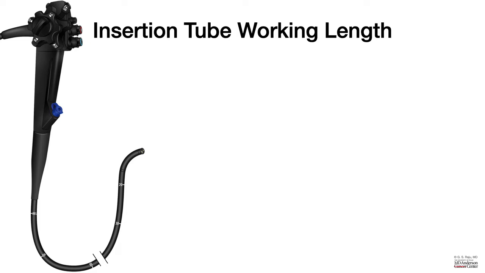First is the insertion tube working length. So that is the length of the tube that you could insert, and it determines how far down or up the gut you can go in. So let us look at the various insertion tube lengths of different scopes.